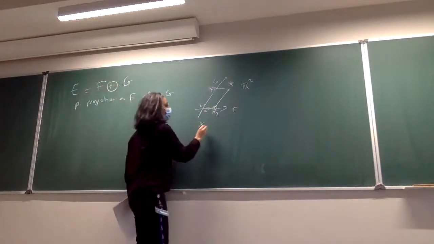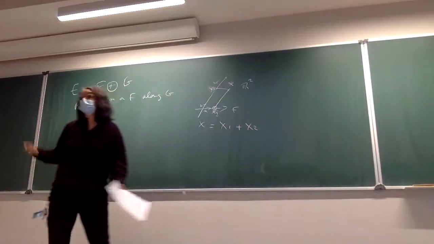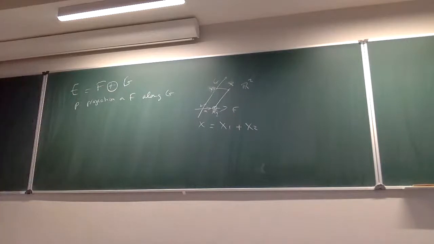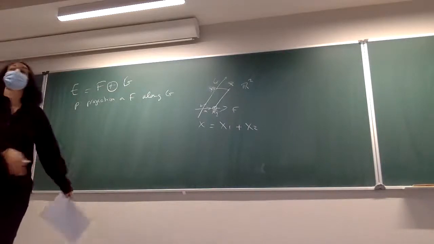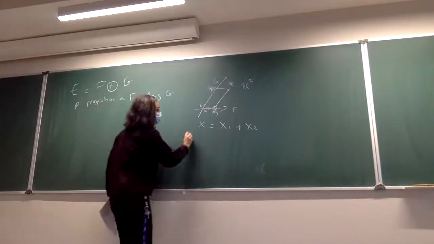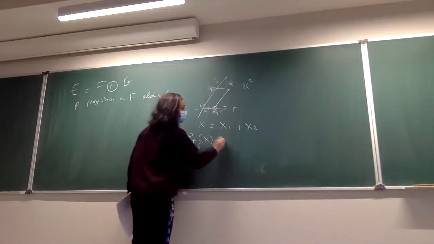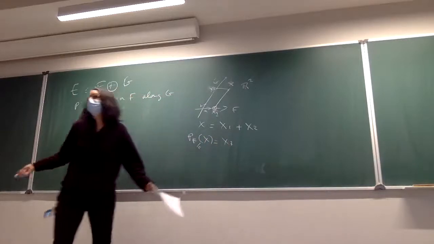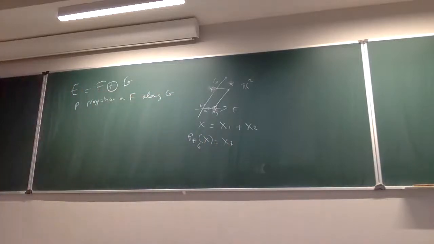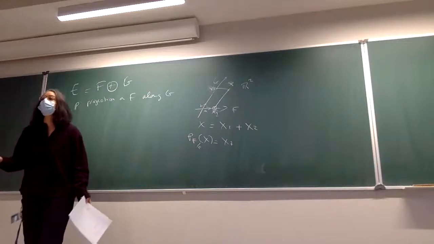So if we've got X, because we have a direct sum, it can be uniquely written as the sum of what belongs to the space F and what belongs to the space G. The projection on F along G of X is we keep X1 and then no X2.